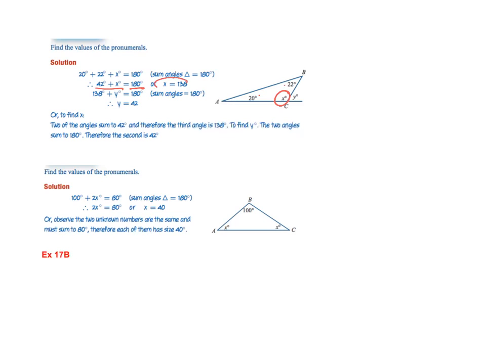So we can work out x is 138. They've just done 180 minus 42 equals 138. Now, if you know that one is 138, you know that's a straight line, so that has to add up to 180, therefore it is 42 as well. So y equals 42.